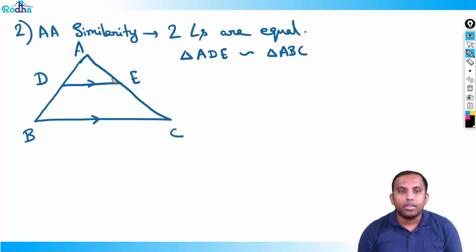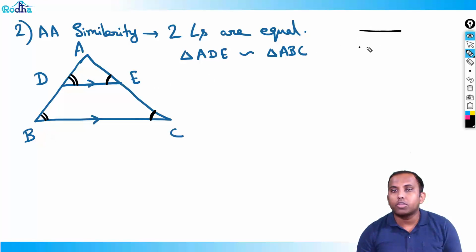See here, this angle and this angle will be equal, and this angle and this angle will be equal, because they are corresponding angles. What are corresponding angles? You remember, we discussed in the geometry basics video. There are two parallel lines with a transversal. This angle and this angle are equal, and this is called a corresponding angle.